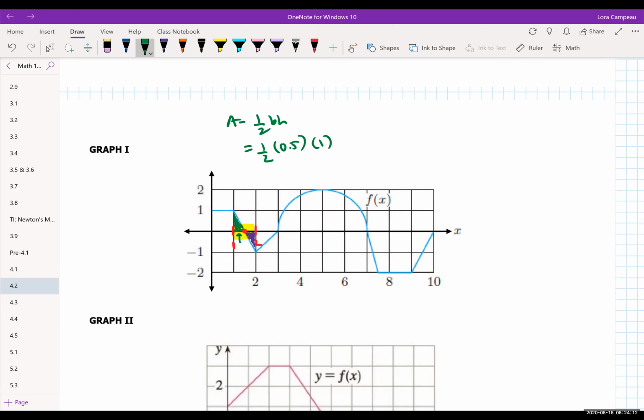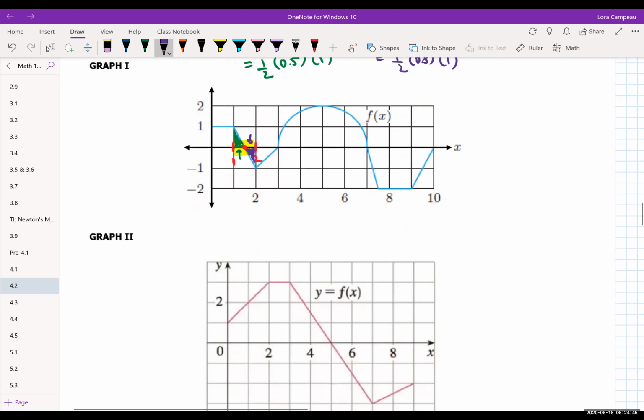It's 1/2 times 0.5 times 1. And you can find that if you'd like. And then similarly, because we're looking at the purple part, it does look like it has the same area. 1/2 base times height. What is that? 1/4. Also, it doesn't matter which way it's orientated. Base is 0.5, height is 1. Now we can find the answer, no problem. Half of a half was 1/4, 1/4.